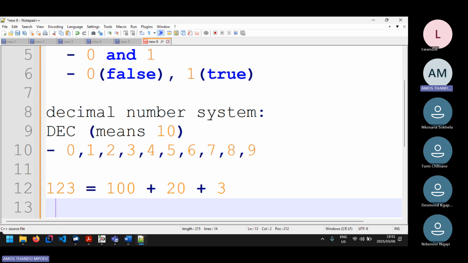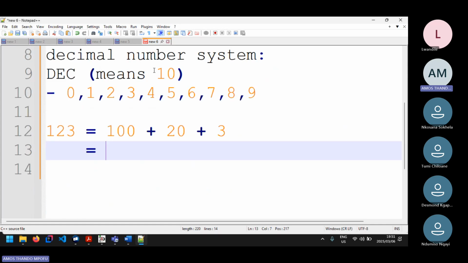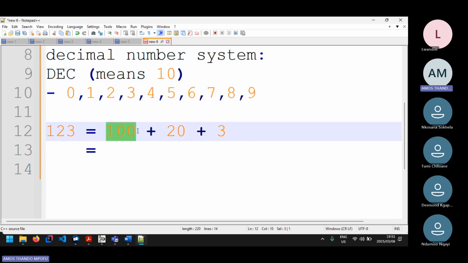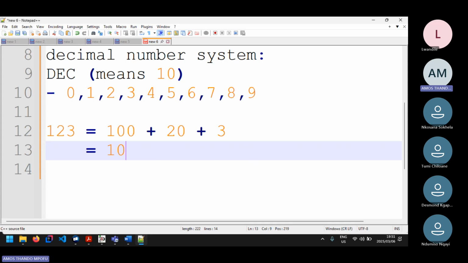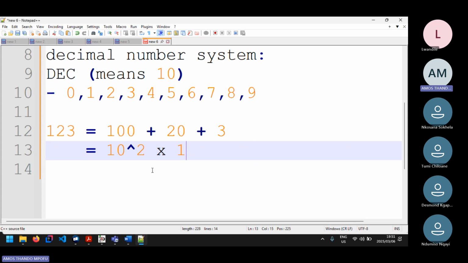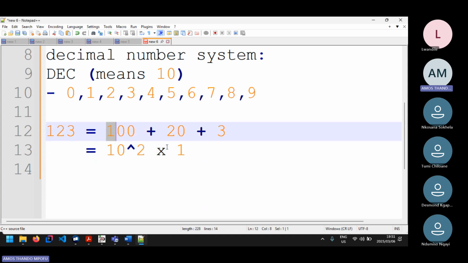We all agree, right? But how can you represent 100 in terms of base 10? We want to use base 10 because there are 10 numbers in that number system. So this will be 10 squared times 1, right? Because it's not 200. If it was 200, then we're going to say times 2.